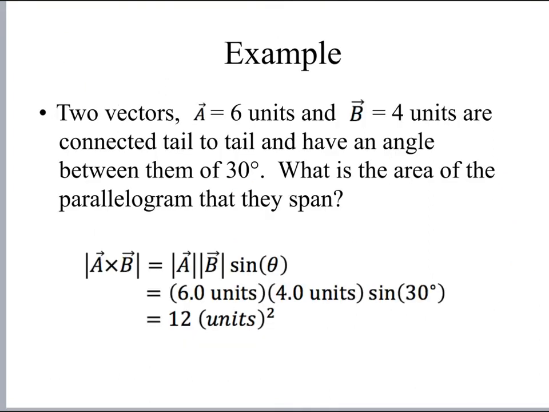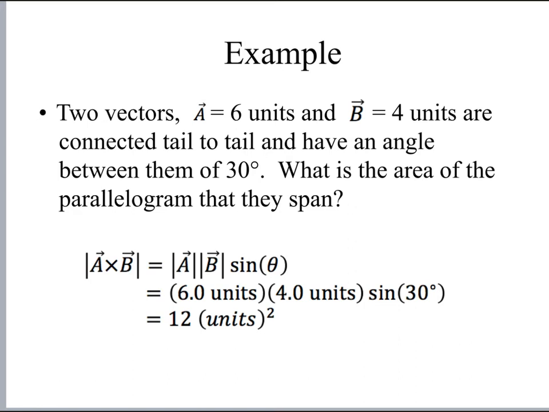So let's do a quick example. I've got two vectors. One has a magnitude of 6 units. The other has a magnitude of 4 units. They're connected tail to tail, and they have an angle between them of 30 degrees. The question is, what is the area of the parallelogram they span? Well, that's easy. We've already said that's going to be the magnitude of the cross product, and we already know how to do that.